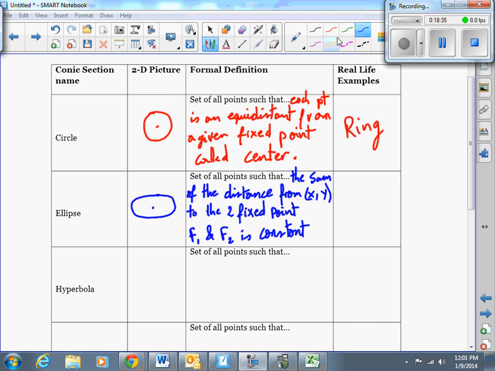Let me show you a very quick example. Let's say this is f1 and this is f2. If I add these two, or I add these two, or I add these two, they should always be the same thing. That's what makes an ellipse. It's something cool like that. What's that last one? Constant?